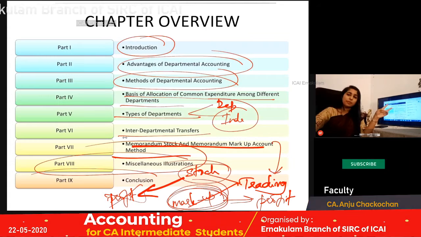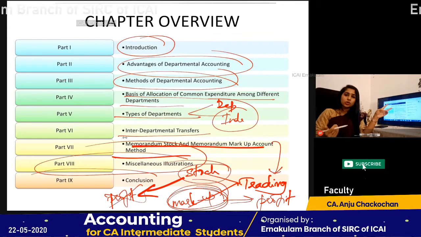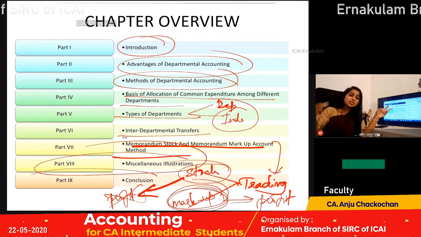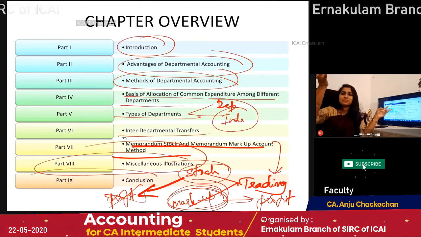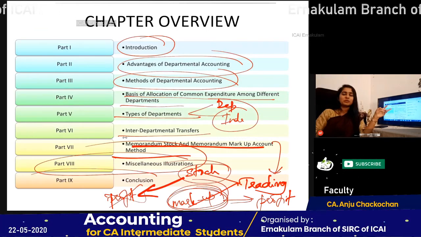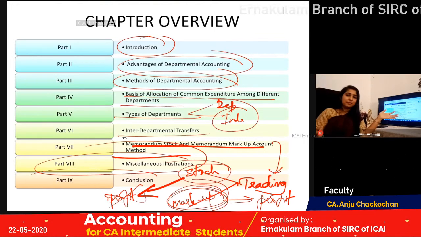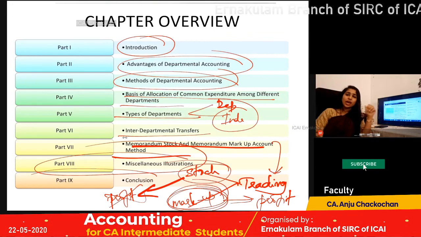Based on the GP percentage, that has to be reduced from the selling price so that you get the cost per unit. Then you just have to apply this cost per unit to purchases, opening stock and closing stock, and you get all the answers required for your departmental trading account.